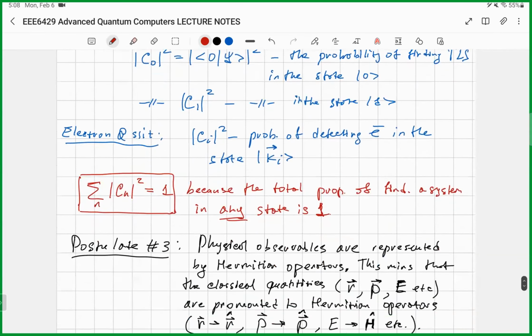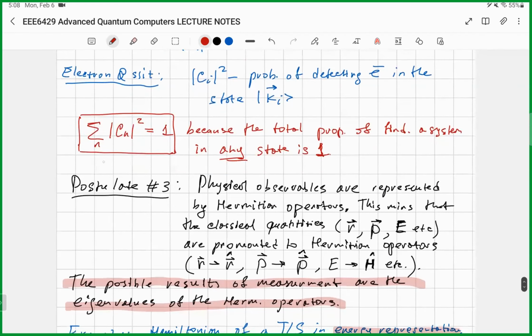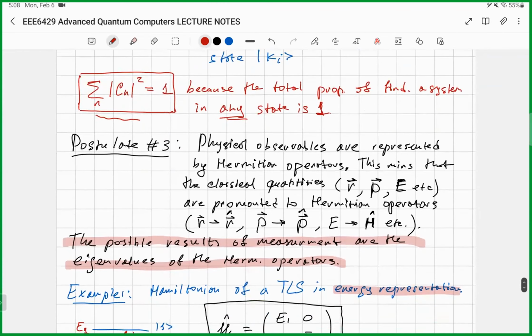This is what we call Born's rule. And of course, the sum of all these coefficients over all possible states is equal to 1, because each term here is a particular probability, and the sum of all probabilities, of course, gives you 1.